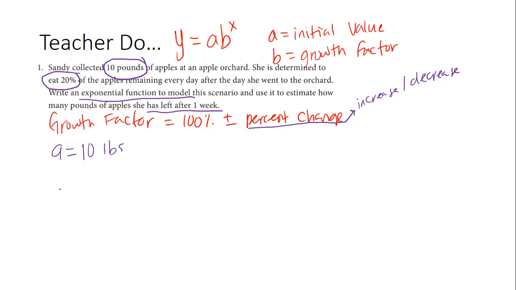My growth factor. So my b is going to be my growth factor. But in order to find my growth factor, I need to know the what? My percent change. So what is my percent change? 20%. Is it an increase or a decrease? It's a decrease because she is eating. So it's going to be a negative 20%. Does that make sense?